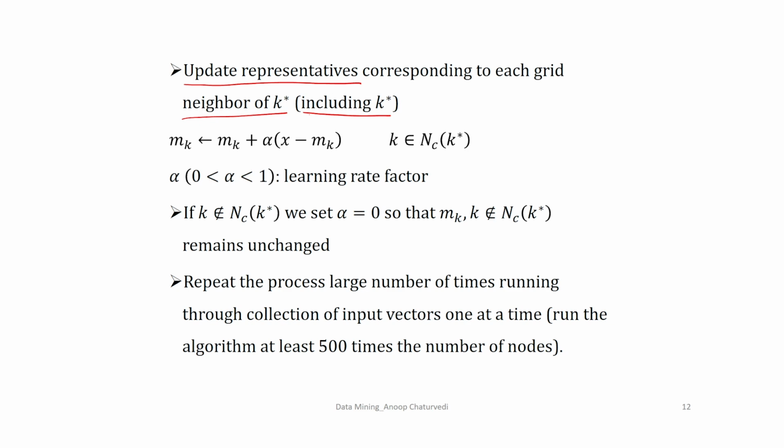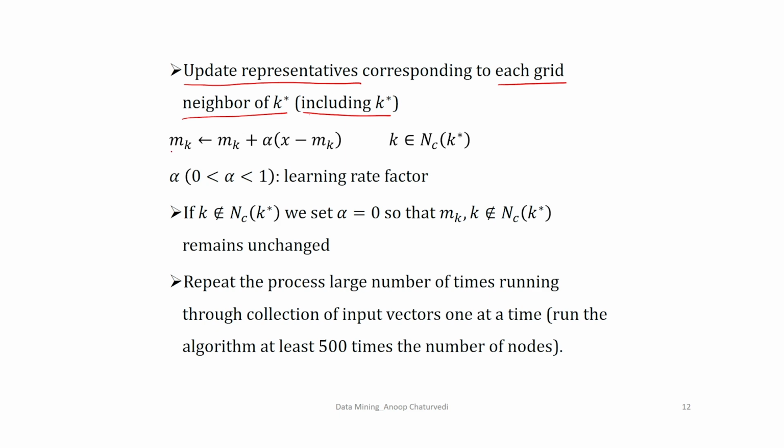So, we update the mk star, but we also update the representatives, means mk, for each grid node in the neighborhood of k star.